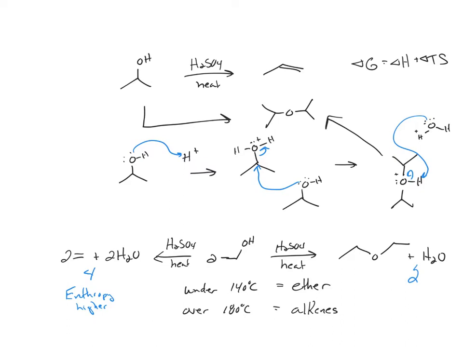This is not the easiest way to make ethers. I already went over nomenclature of ethers, right? So another came up with a better way. His name was Williamson, so we have the Williamson synthesis. Basically, what he does, and we've seen this already in the first part of the reaction, is use sodium hydride.